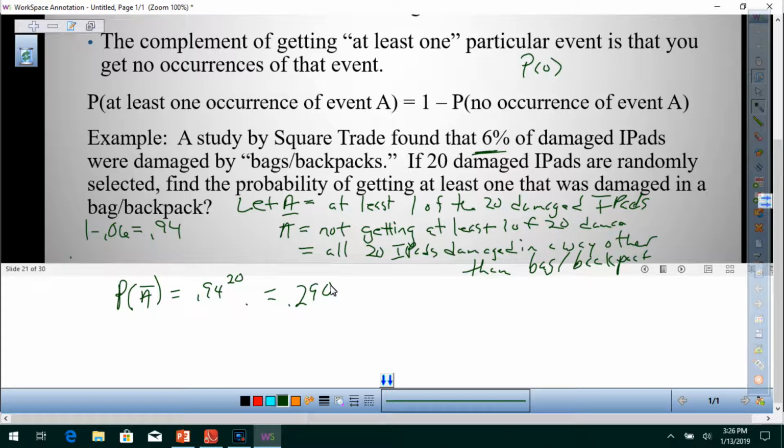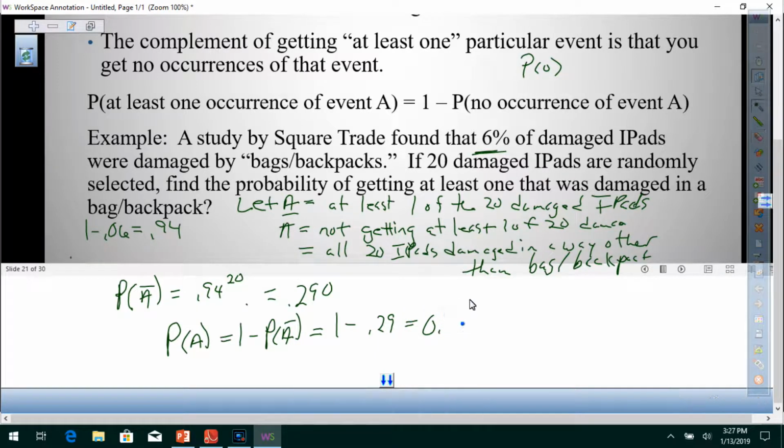Now, find the probability of A by evaluating. The probability of A is going to be 1 minus the probability of A complement, which is 1 minus 0.29, which is 0.710.